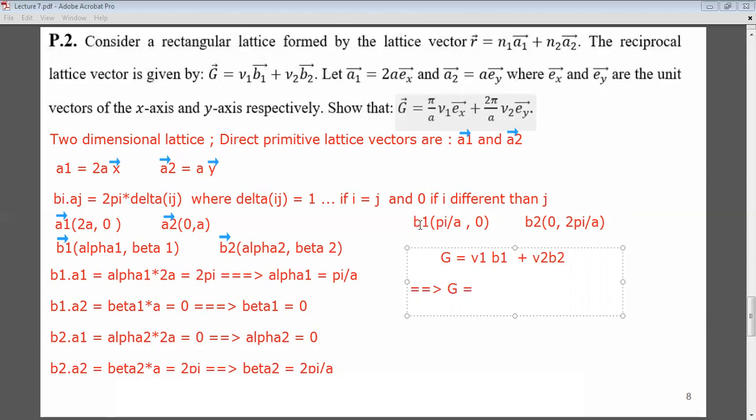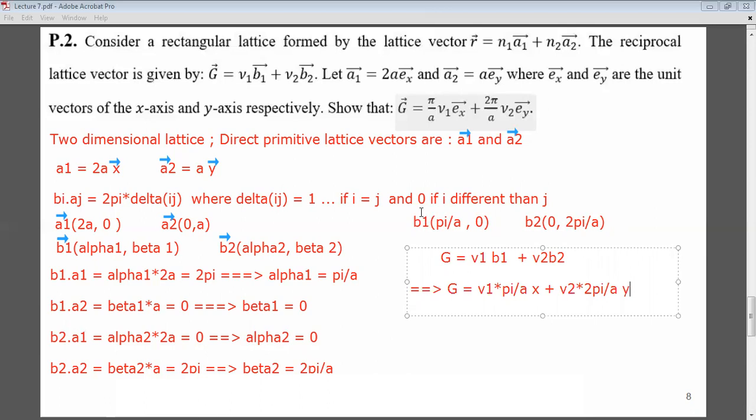What do I have here? I have pi over A in the direction of X. So it is V1 times pi over A in the direction of X plus, there is nothing in the direction of Y, plus V2 times B2, where I only have a term in the direction of Y. So V2 times 2 pi over A in the direction of Y. I have nothing here in the direction of X.